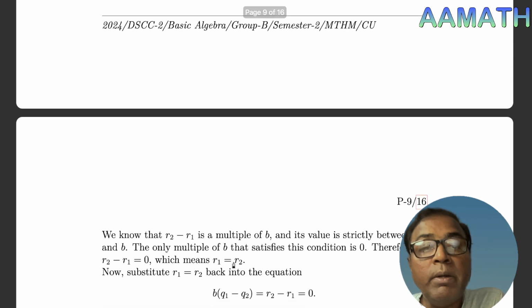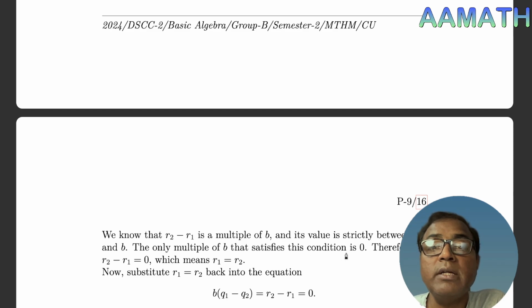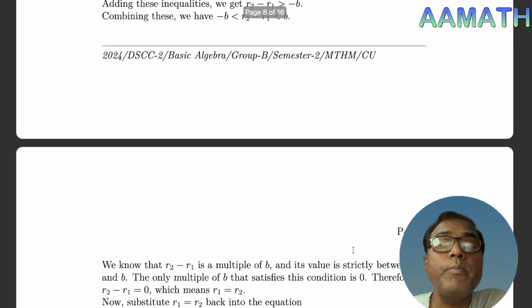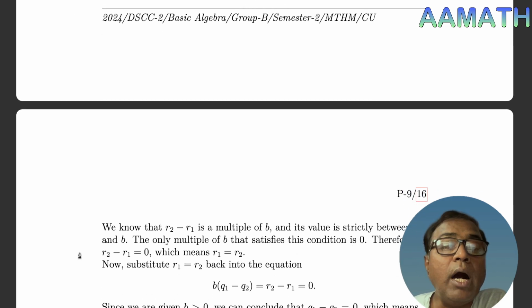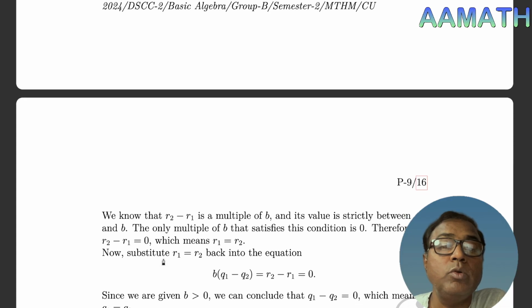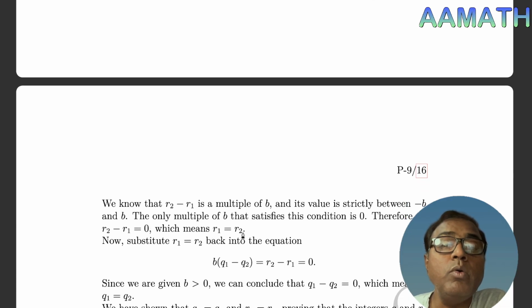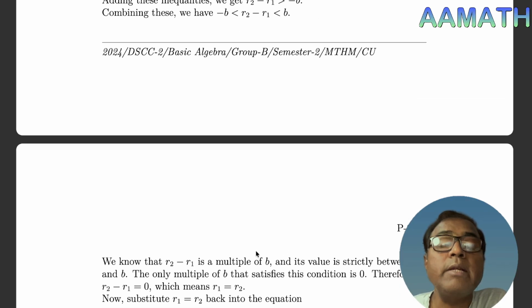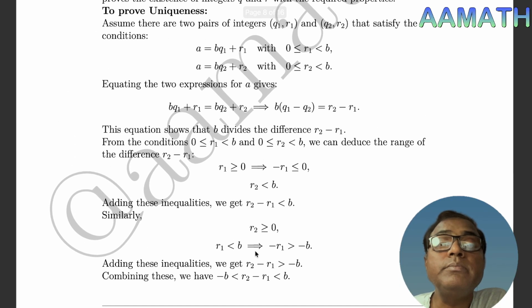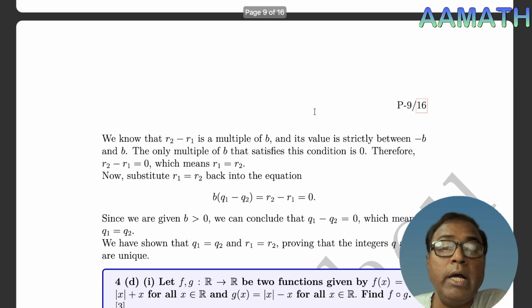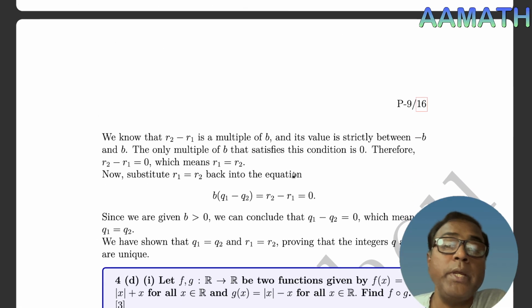The only multiple of B that satisfies this condition is 0. So R2 minus R1 must be equal to 0, which means R1 equals R2. Substituting R1 equal to R2 back into the relation B(Q1 minus Q2) equal to R2 minus R1, this is equal to 0, and B is not equal to 0. So Q1 equals Q2, and this proves the uniqueness of Q and R.